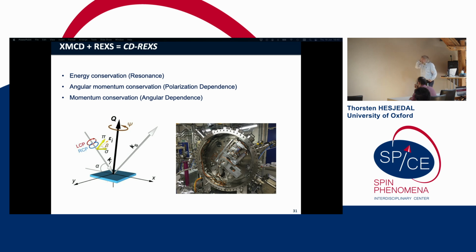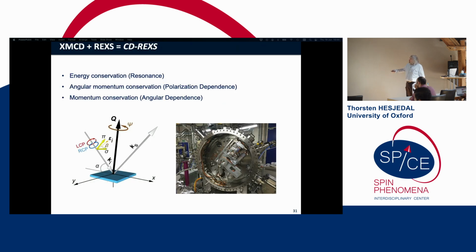Okay, so to unlock all of these secrets, we combined X-ray magnetic circular dichroism, where we use right and left circular polarized light to do this resonant absorption, which was covered again by Peter on the first day.